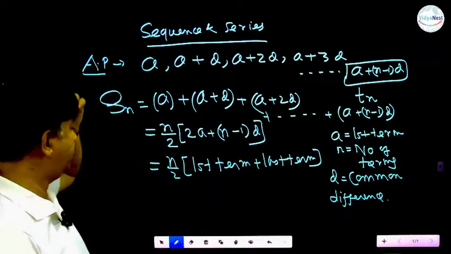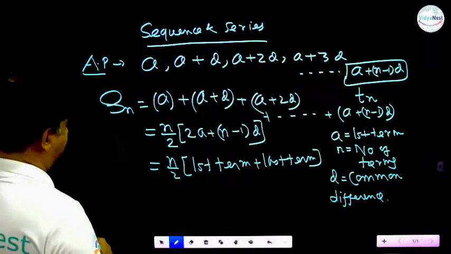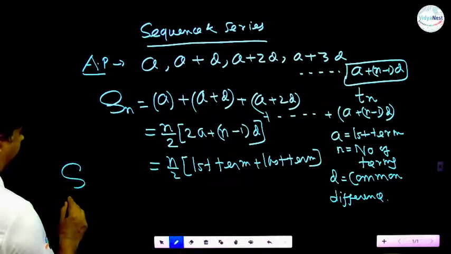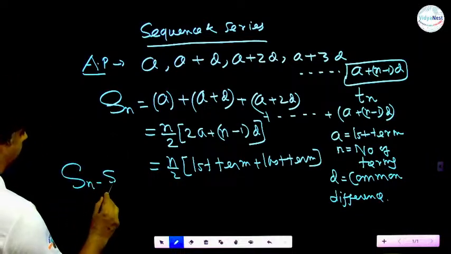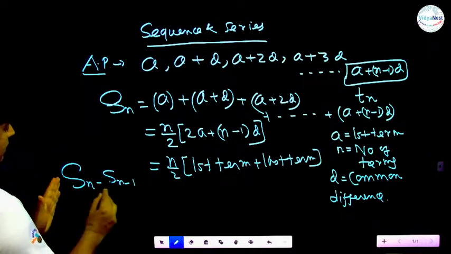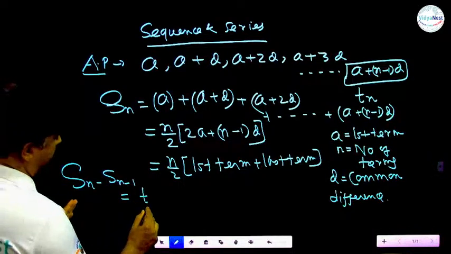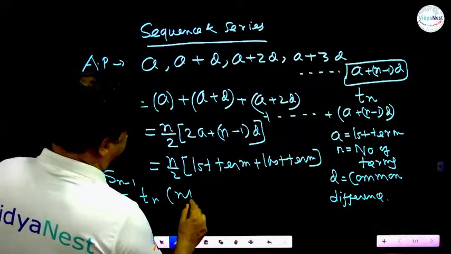Now we got that the difference between Sn and Sn minus 1 is Tn, the nth term.